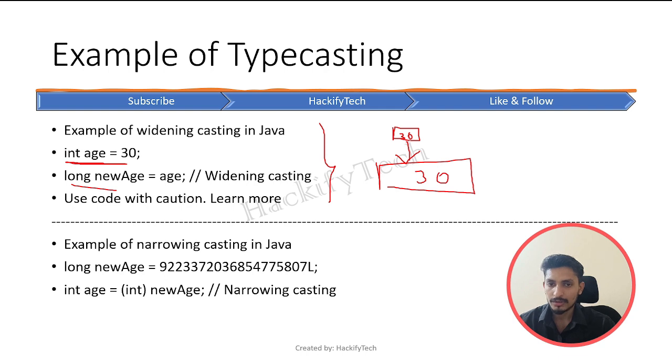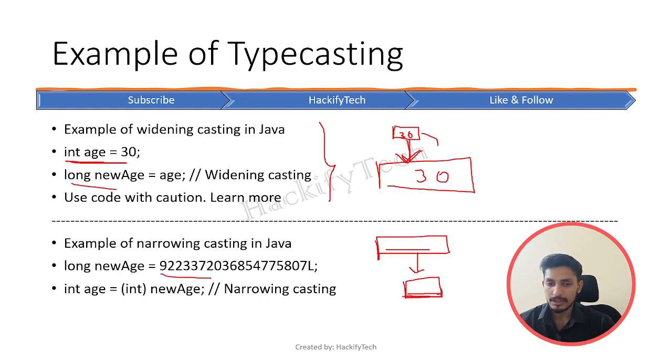So there is no chance of data loss, so it is acceptable. But in narrowing typecasting in Java, you have a big container where you're storing some big value, and you're trying to store it again into an integer, a smaller number. Here there is a possibility of data truncation or data loss as well. So this should be done manually by the programmer.